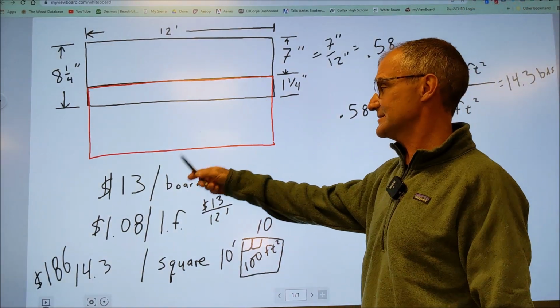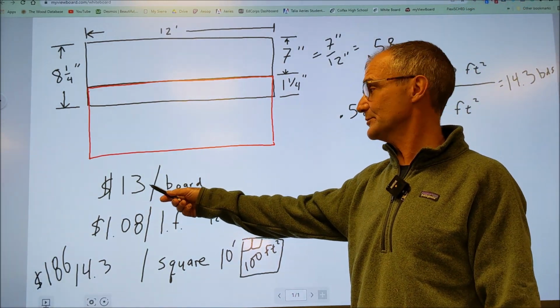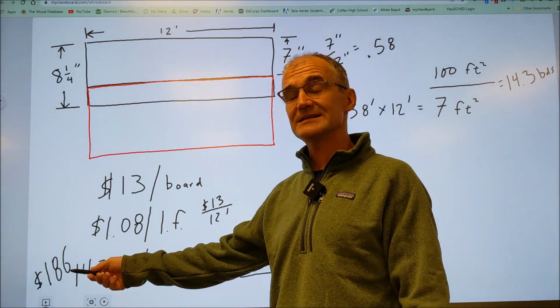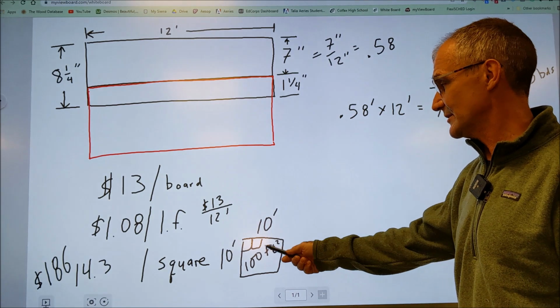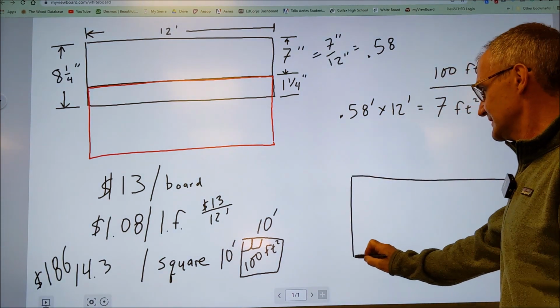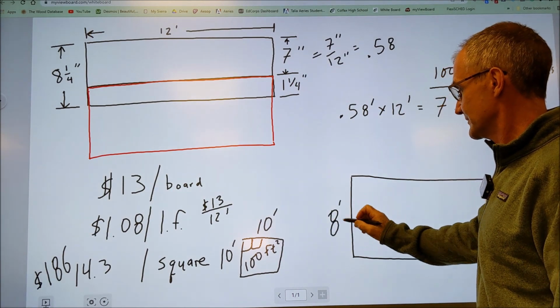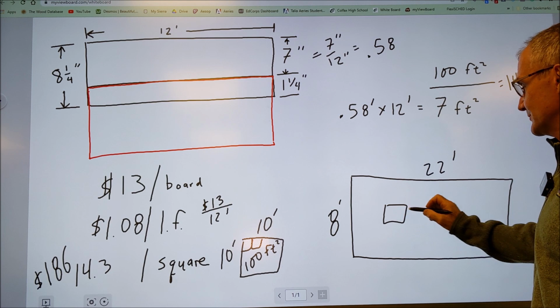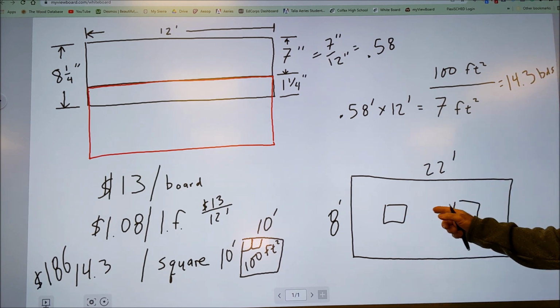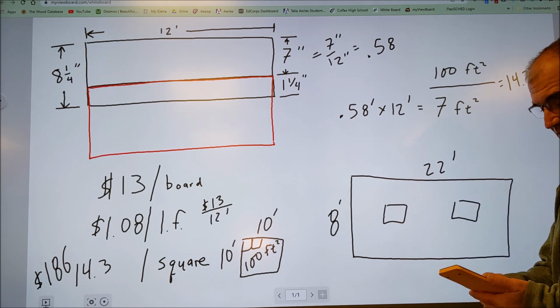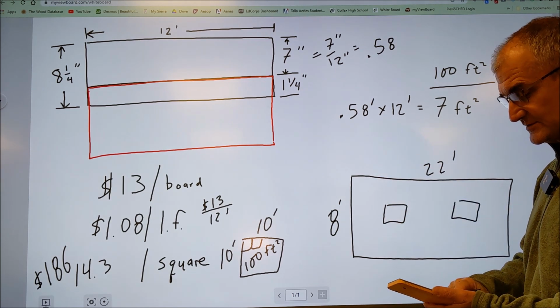So this HardiePlank sells for $13 per board. That would be $1.08 per linear foot, or $186 per square, 100 feet. And if I'm looking at my house here, and it's an 8-foot wall, and it's a 22-foot run, and I have a couple of windows in it, I'm actually not going to subtract those windows. So I'm going to figure out the total square footage of this wall. So I go 22 times the 8.